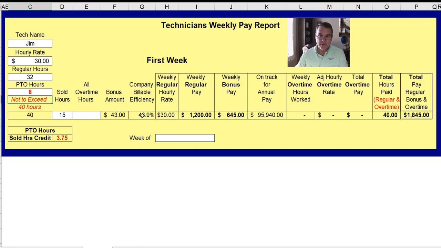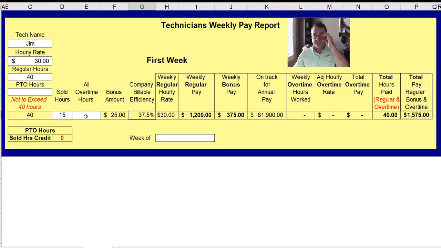Okay, because that's really what pace he was on. In 32 hours, he was at a 46% pace. Whereas if he worked 40 hours and did 15, he'd only be at 37.5% efficiency. So he gets credit for the efficiency on the time that he does work and credited sold hours. Now, we're not paying on those credited sold hours. Those credited sold hours are just allowing the company billable efficiency to jump up to pay him what he's worth.